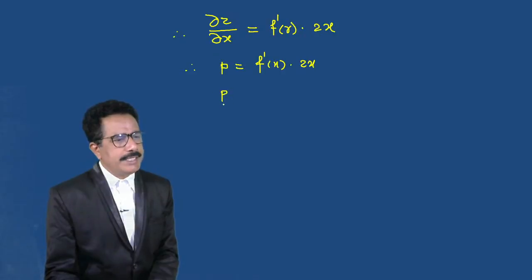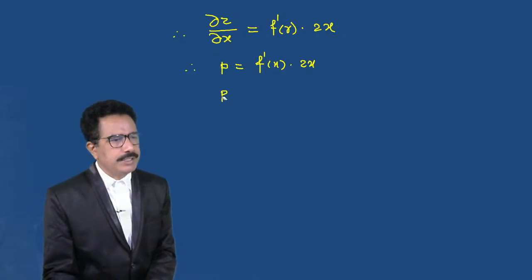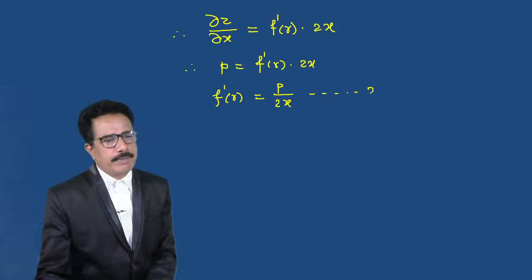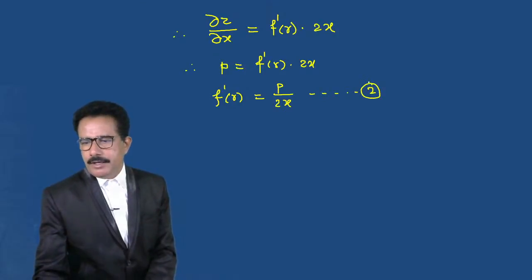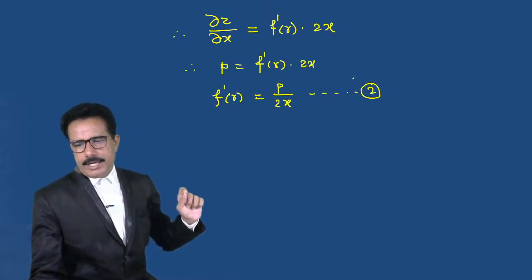So we can write f dash of r is equal to p divided by 2x. Suppose this is equation number 2. Very good, Manisha, Mali, Rachna.